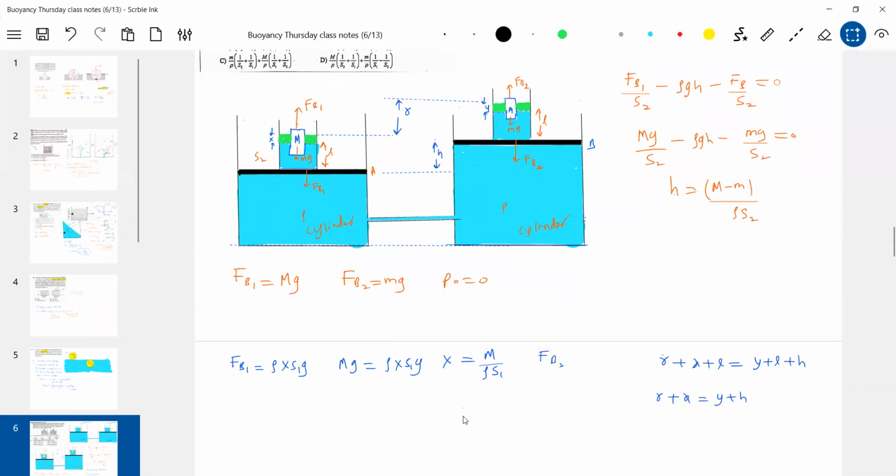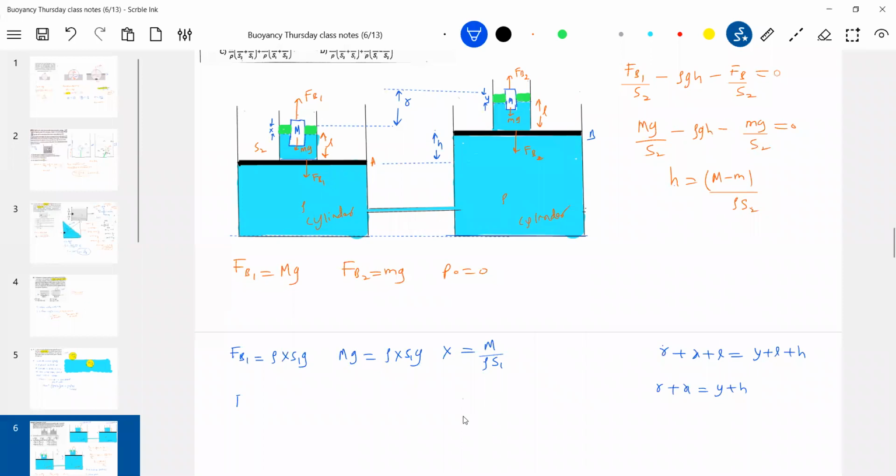Finally, we have to substitute things here. Looking at this, what is FB2? FB2 should be equal to rho Y S1 into g. And FB2 should be equal to small mg. So therefore, Y is equal to small m by rho S1.